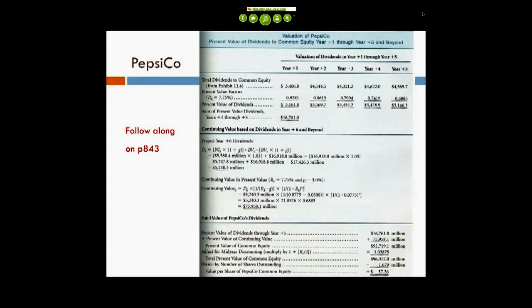You would then add that to the value that's attributed to the first 5 years. That's $92 billion. You do the mid-year adjustment. $96 billion.